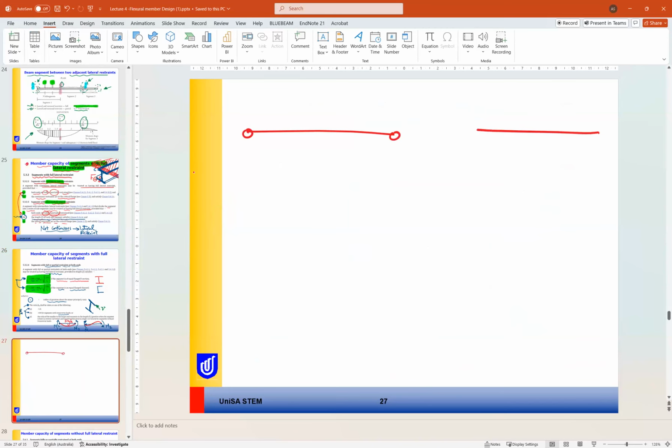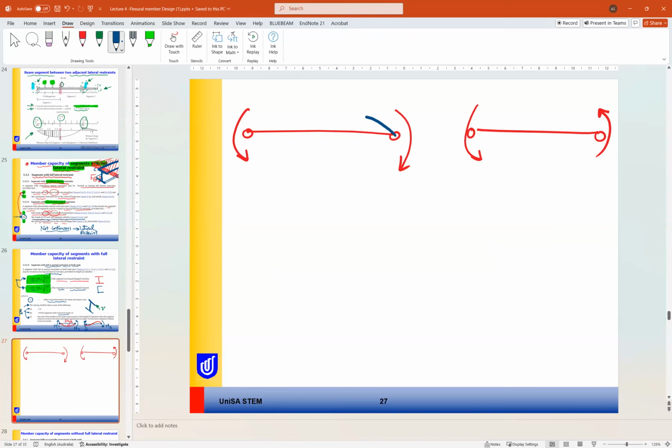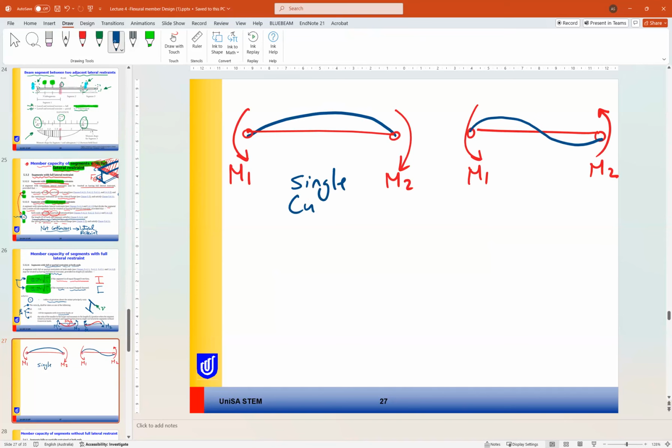So these two cases, let's make the moment like that. So in this case, this is a deflected shape, and the standard gives us M1 and M2. Here M1 and M2, and this is double curvature. So this is called single curvature. This is double curvature.